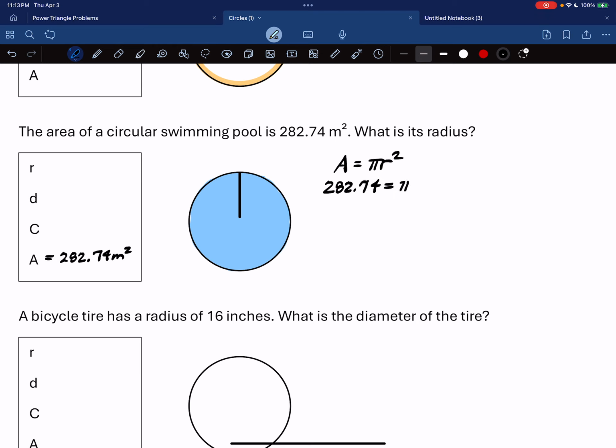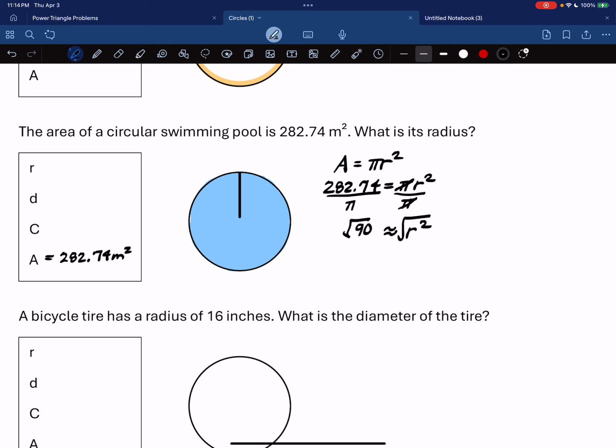We always know pi, and we're finding r. So let's isolate r. We're going to divide by pi. And so we're left with r squared on one side and 282.74 divided by pi. It's approximately 90.